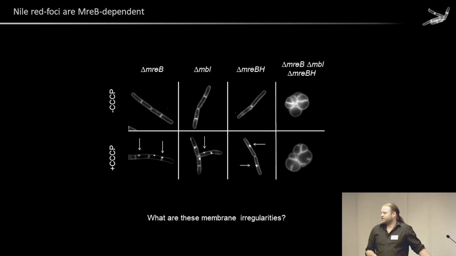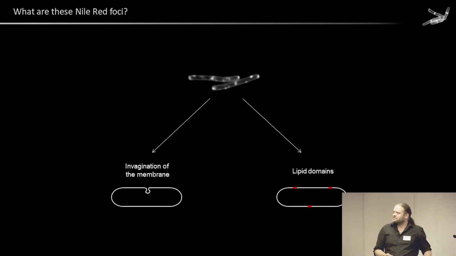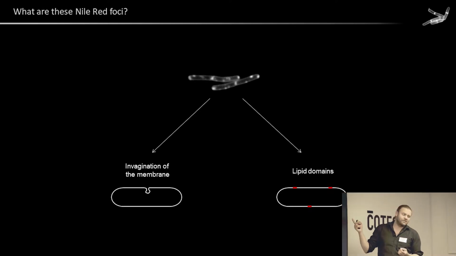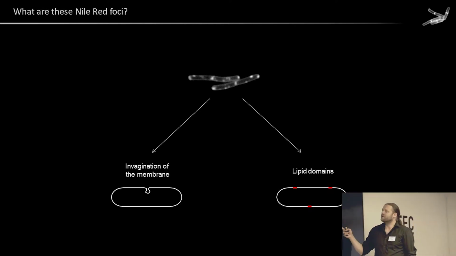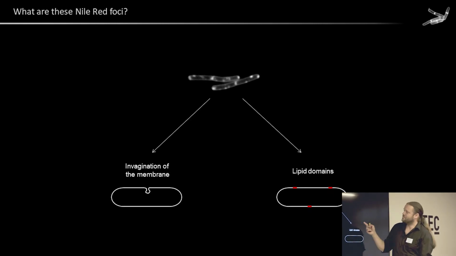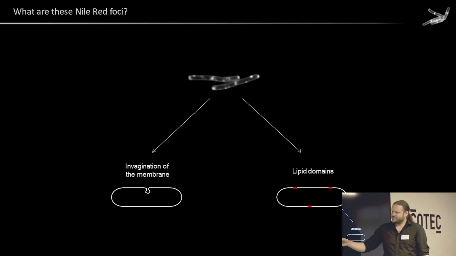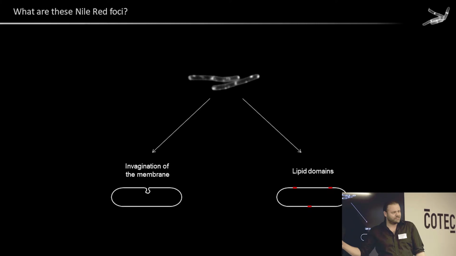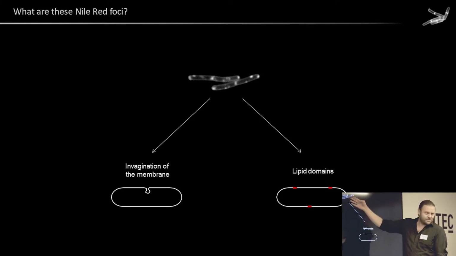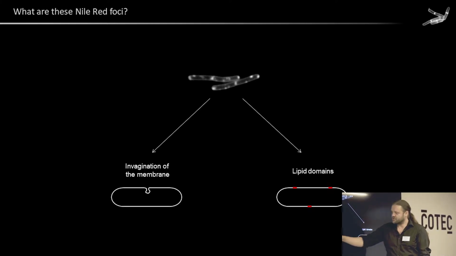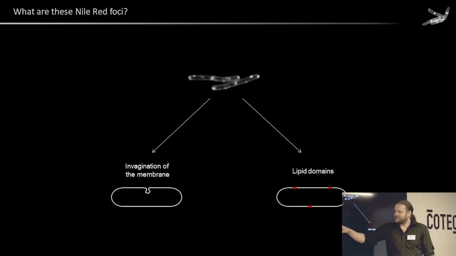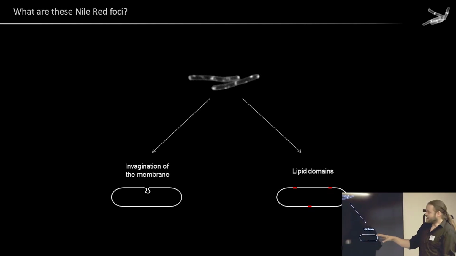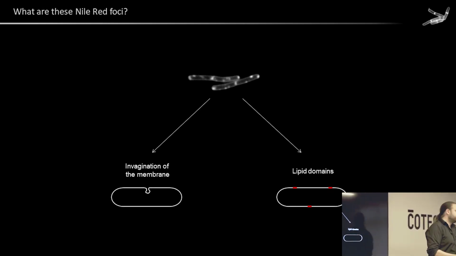So what are these membrane irregularities? First, conceptually, there are 2 possibilities, and one is actually quite commonly overlooked. If you have a focus in a membrane with a membrane dye, that could just as well be a local invagination of the membrane, because given the low resolution, this kind of structure would just look like a splotch in the membrane. So we need to distinguish whether it's an invagination of the membrane or actually a lipid domain.